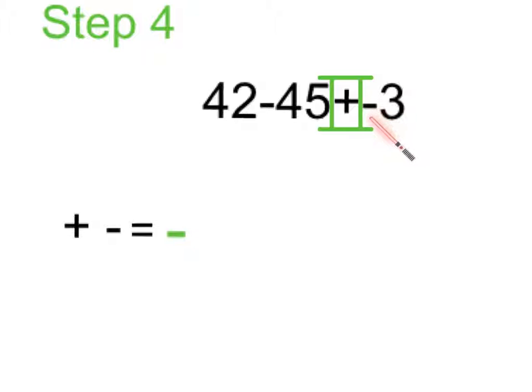But what I like to do is put it just as a negative, and how that works is if you have a plus sign right next to a minus sign or a negative sign, then it's going to end up being a negative sign. So your equation will be 42 minus 45 minus 3, just to keep it simpler, instead of reading it as 42 minus 45 plus negative 3, because that can be confusing.